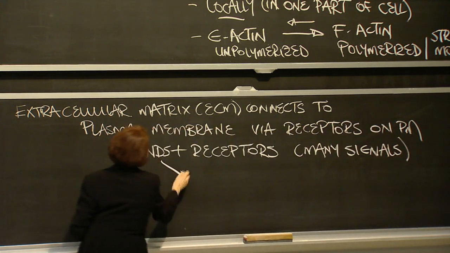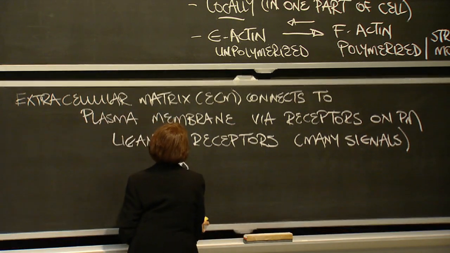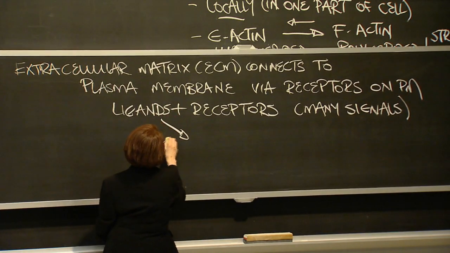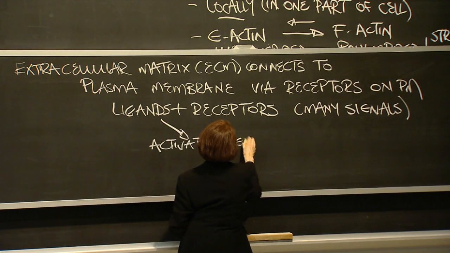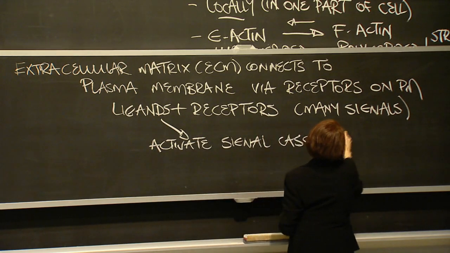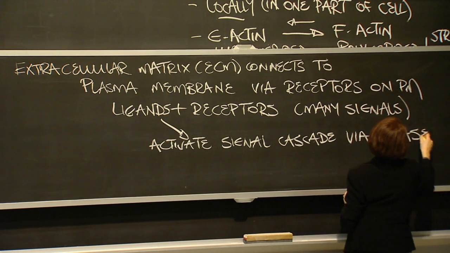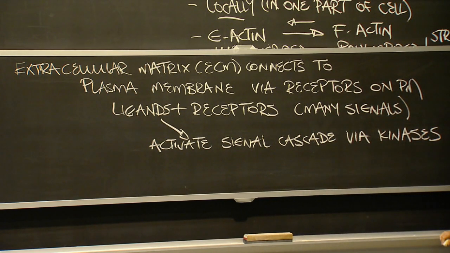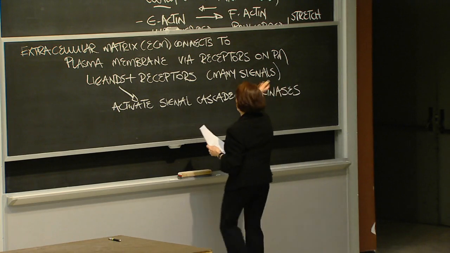They go and activate a cascade of things which involve kinases, a signal cascade via kinases, and via a special GTPase. Remember, RAS was a GTPase, but this one is called Rho.